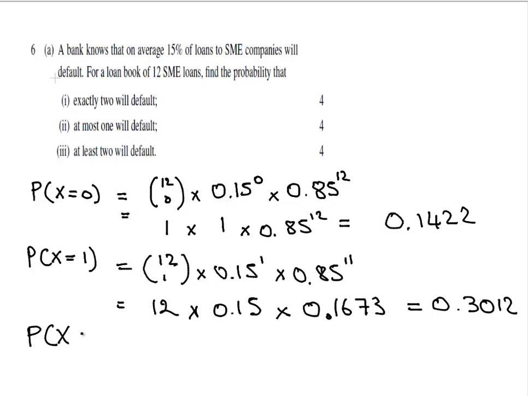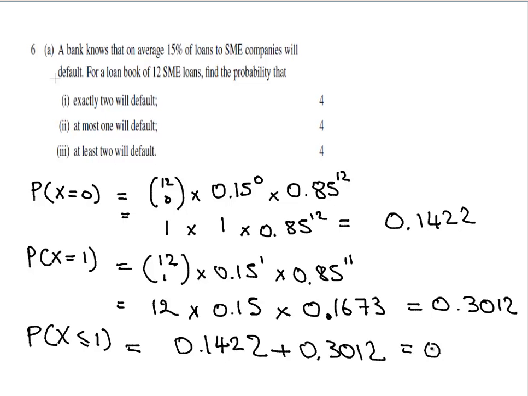So the probability of x less than or equal to 1 is these two numbers combined, 0.1422 plus 0.3012, and that is equal to 0.4434. So the answer to the second one is 0.4434.